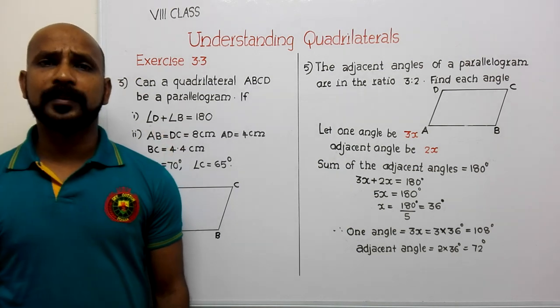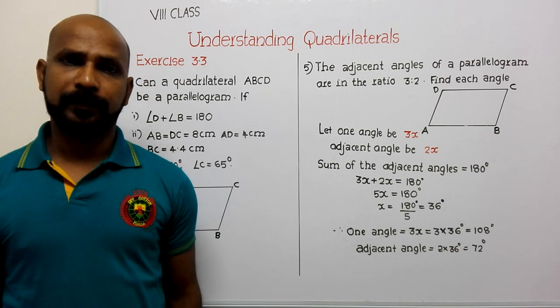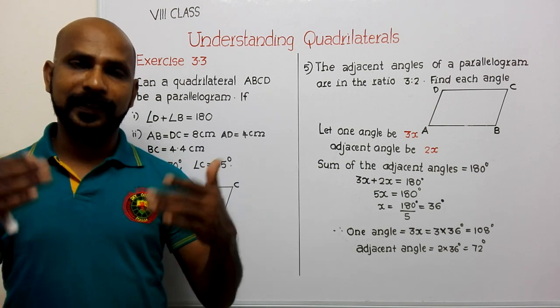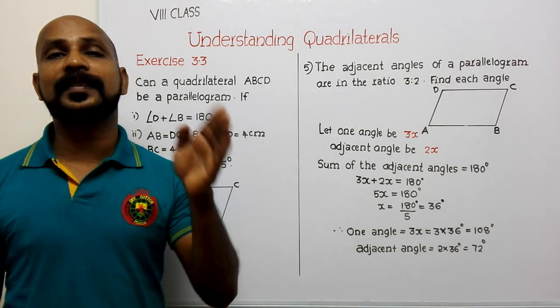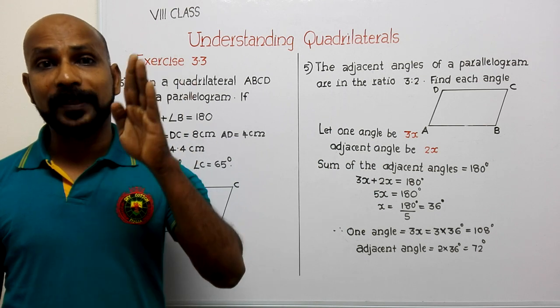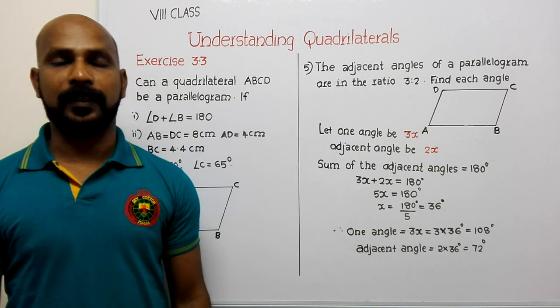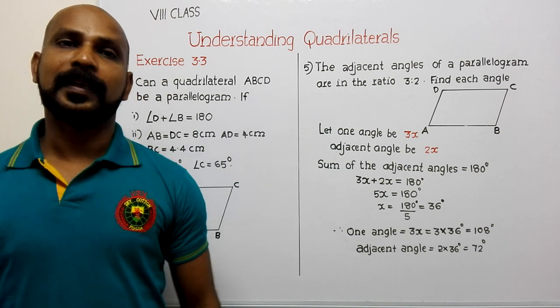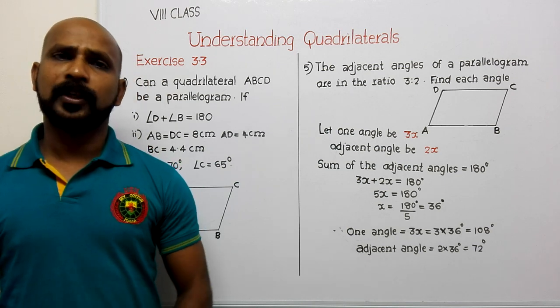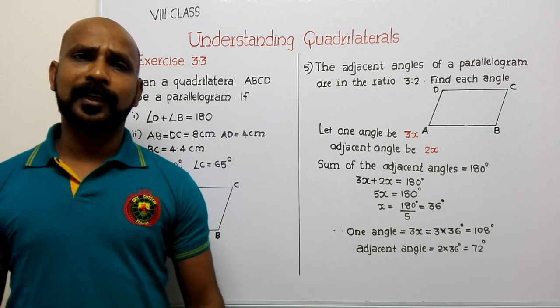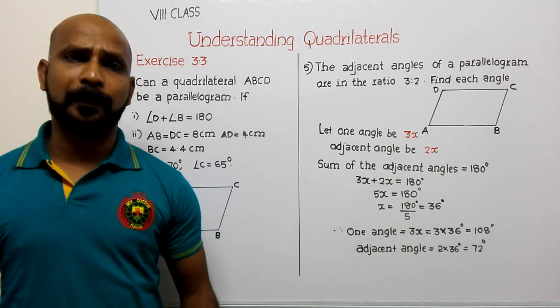So we learned what is meant by a parallelogram: a quadrilateral in which opposite sides are parallel, opposite sides are equal, and opposite angles are also equal. These are the main concepts of a parallelogram. If you want to give the definition, you can say a quadrilateral in which opposite sides are parallel.